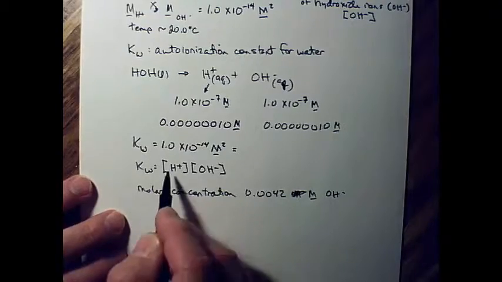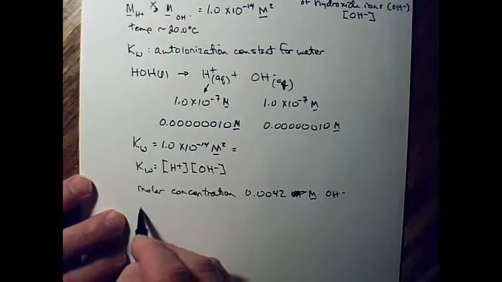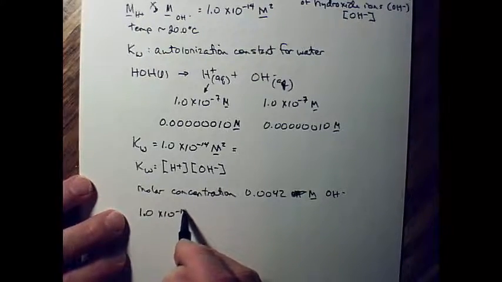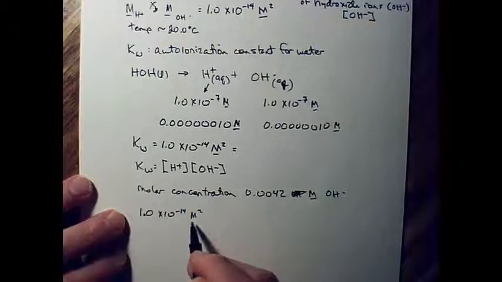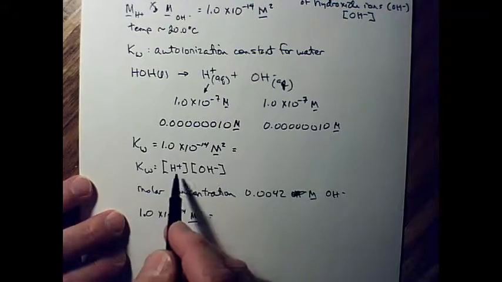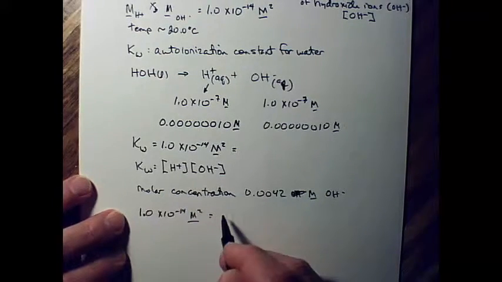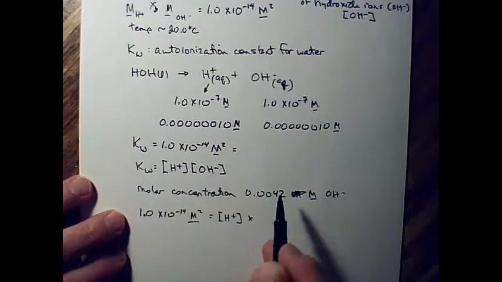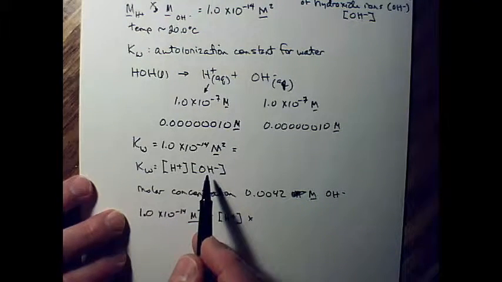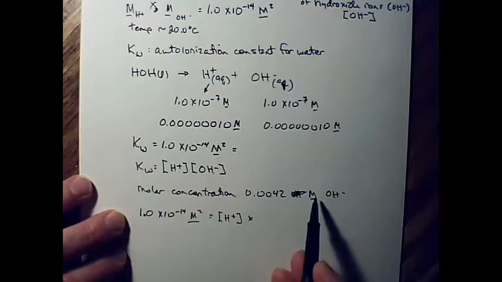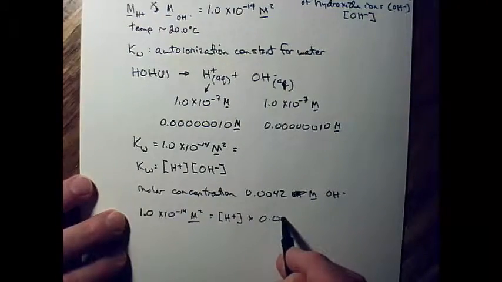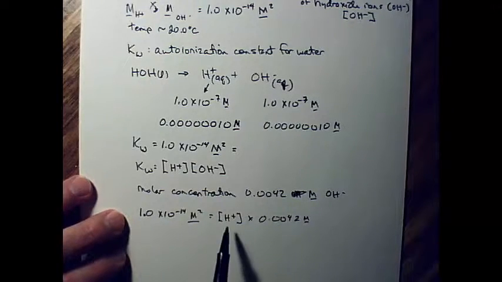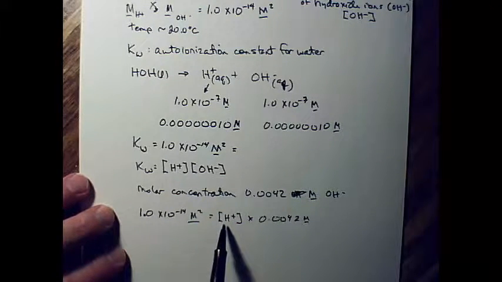If Kw equals this times this, and Kw is always 1.0 times 10 to the negative 14 molar squared, I'm trying to find the protons, and I multiply the protons times the hydroxide ion concentration. How do I isolate this and get it by itself?